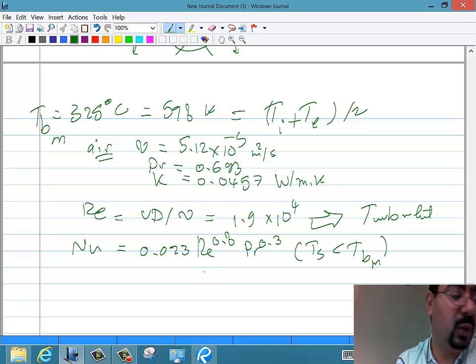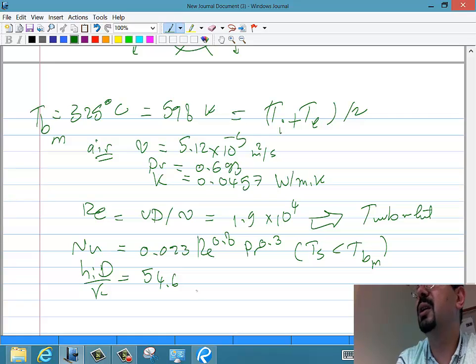So you got the Reynolds, you got the Prandtl. The Nusselt number is 54.6, and that Nusselt number is h i D over K. Right? And whether it's D i or D out, we don't really know what's D i and D out. He just gave us a diameter, 5 centimeters. So I guess you can just assume the thickness is small, that this diameter is good enough for both of them, inlet and outlet.